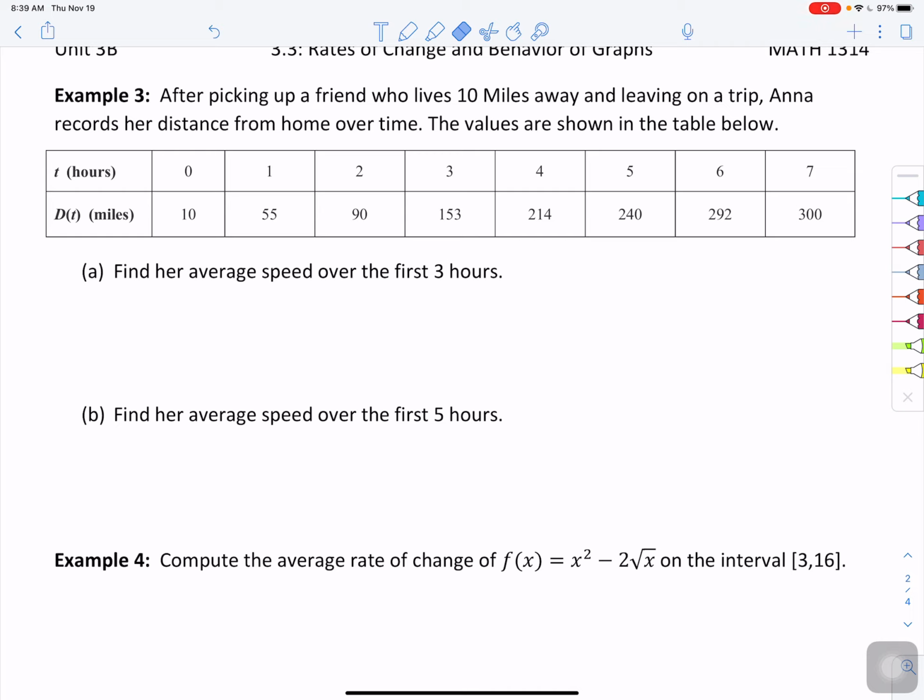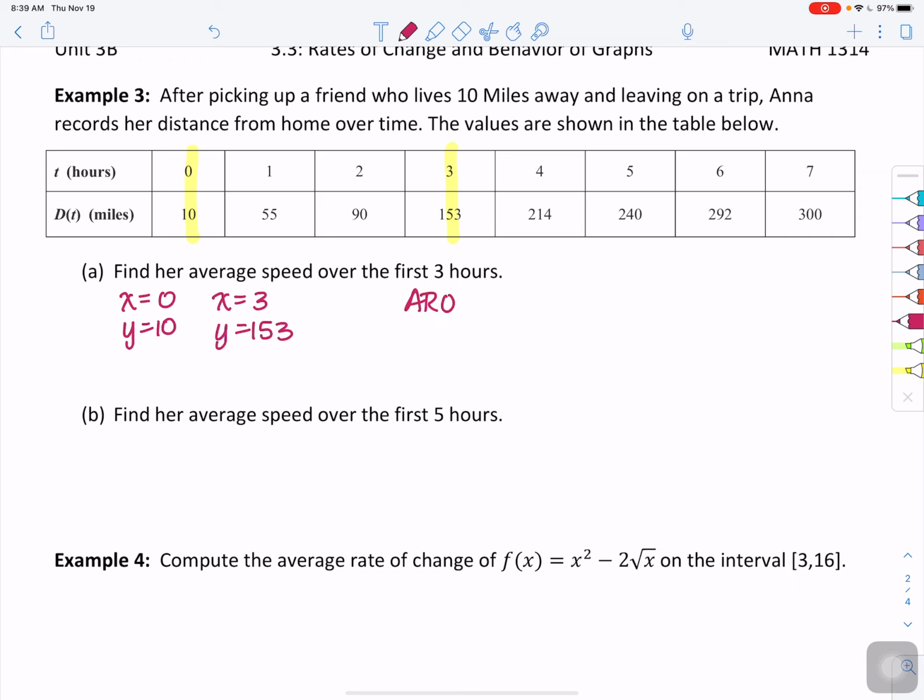So, taking a look at this, over the first 3 hours would mean between time 0 and time 3. So, we're going to have x equal to 0, y equal to 10, x equal to 3, y equal to 153.